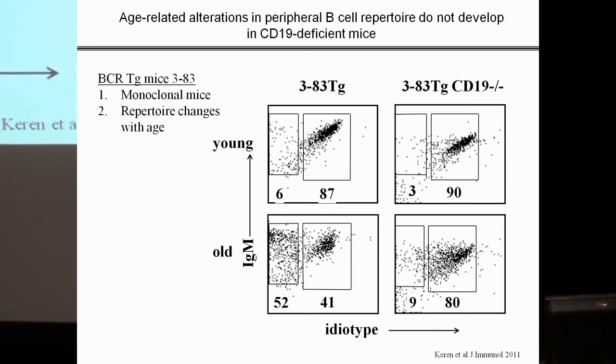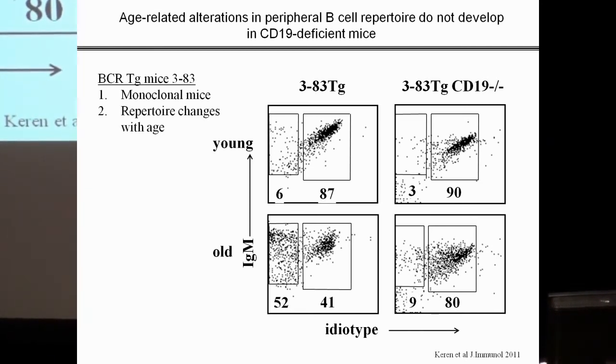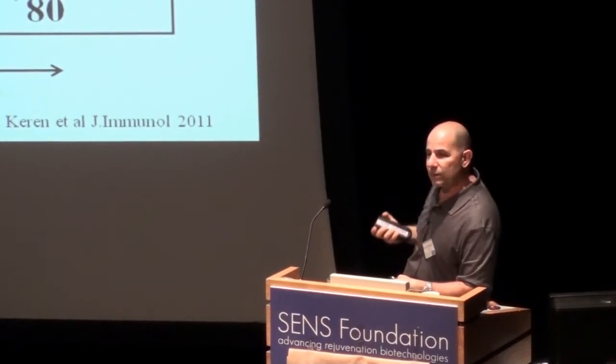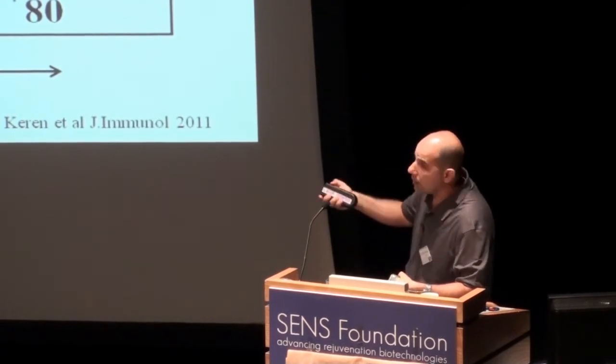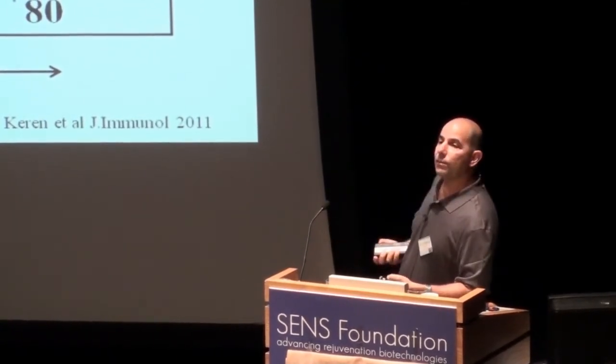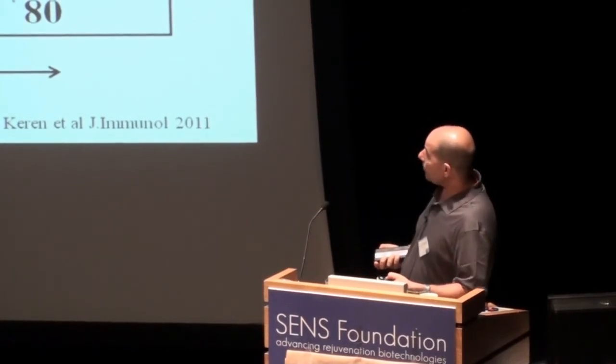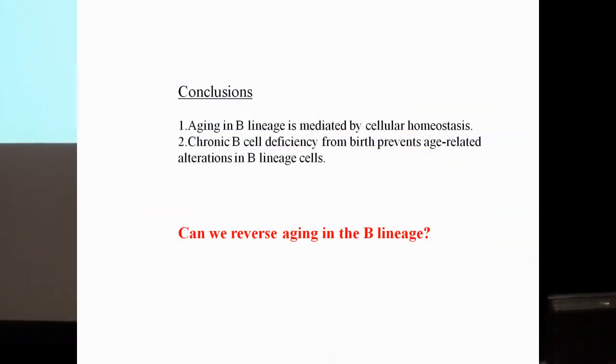Now, if you cross this mouse to CD19 deficient mice that bear chronic B-cell deficiency, you see that in a young mouse and in an old mouse, most of the B cells in the periphery retain expression of the transgenic receptor. So basically, the old phenotype that is occurring in the old mouse does not occur here if your mice are CD19 deficient. So the conclusion is that aging in the B-lineage is mediated by cellular homeostasis, and that chronic deficiency from birth prevents age-related alterations in the B-lineage.